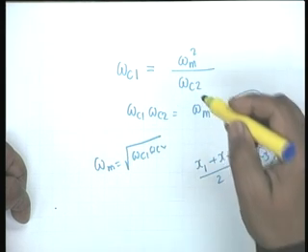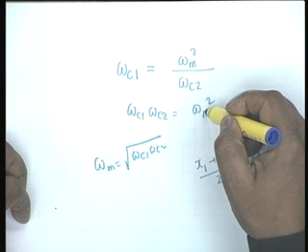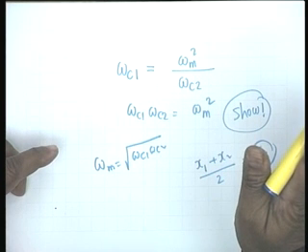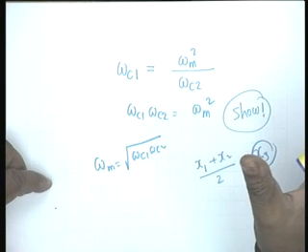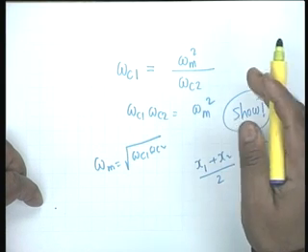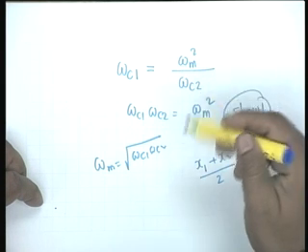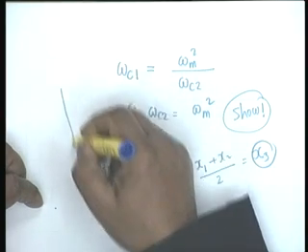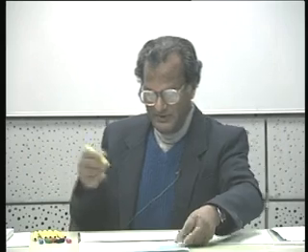So omega m, the frequency of maximum, is geometrically symmetrical about the two half power points. In fact, it can be shown that the complete response is also geometrically symmetrical. In other words, what it means is the following.